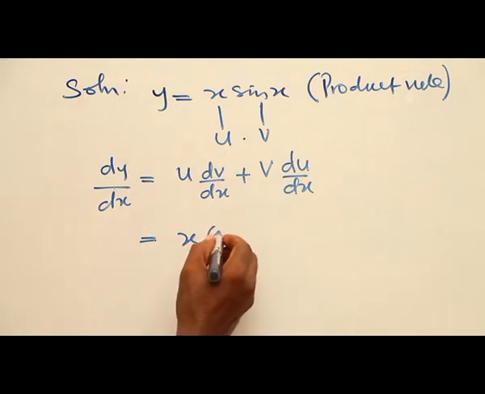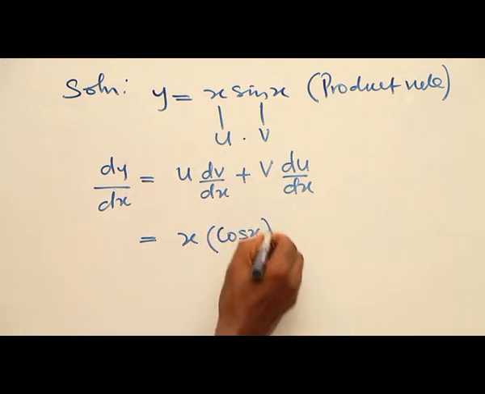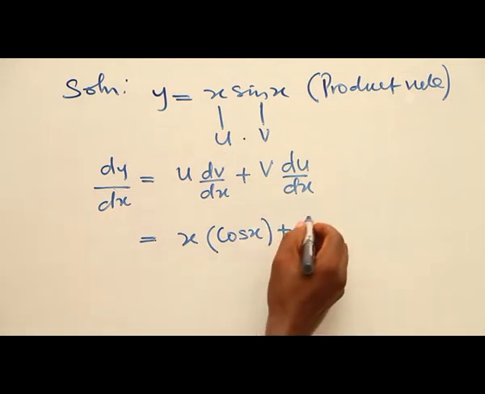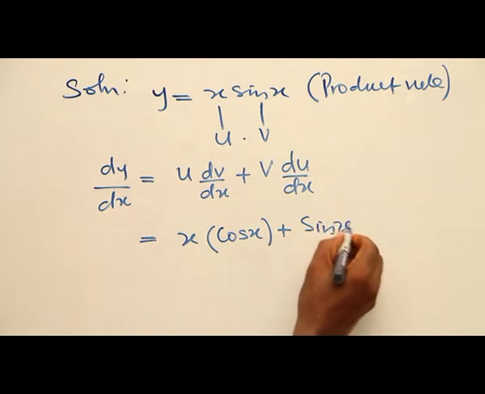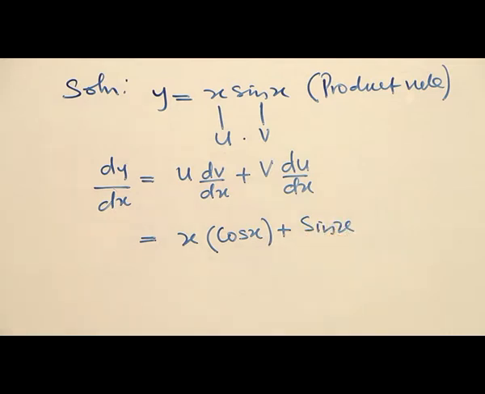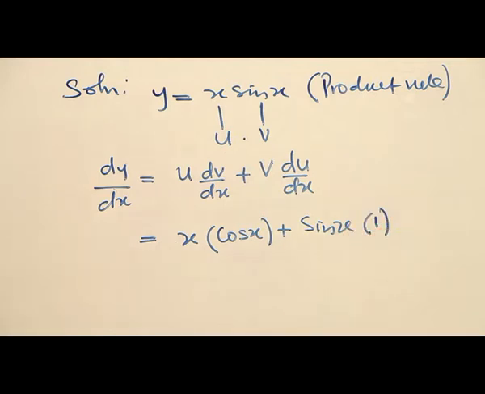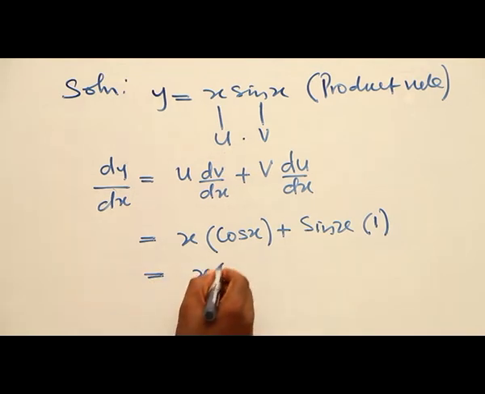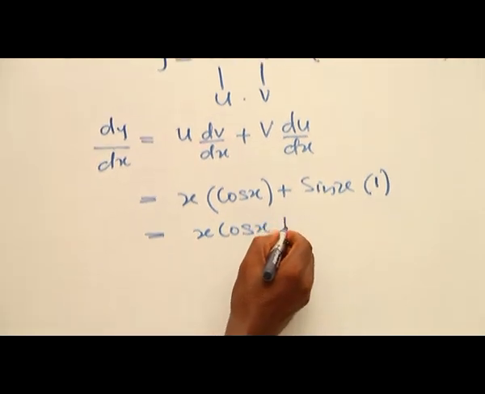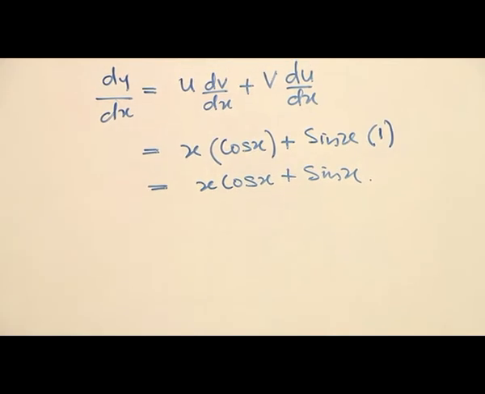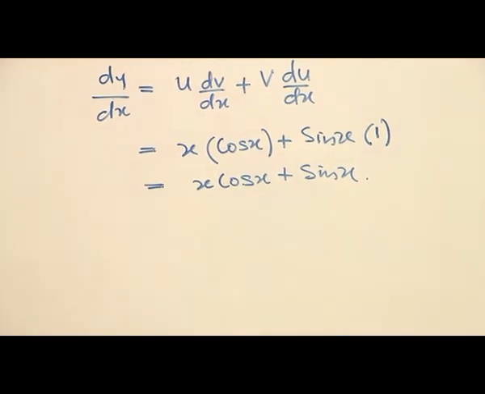When you differentiate sin s, you have cos s. Plus, your v is sin s. Then you differentiate your u with respect to s, and your u is s, so if you differentiate that, you have 1. Opening the brackets, this is s cos s plus sin s. That is the first derivative.